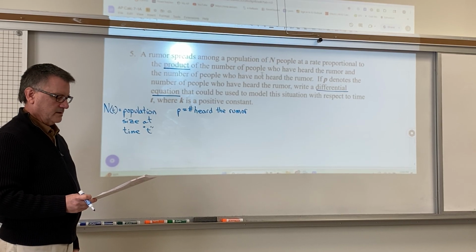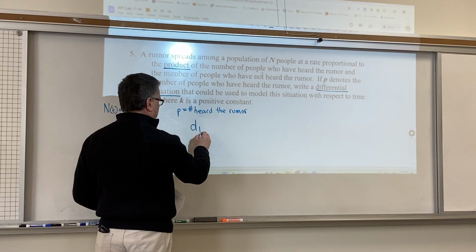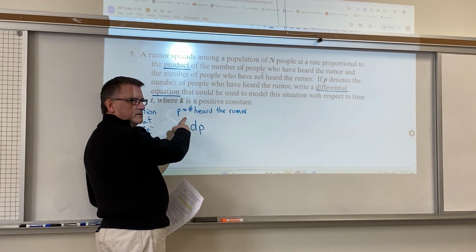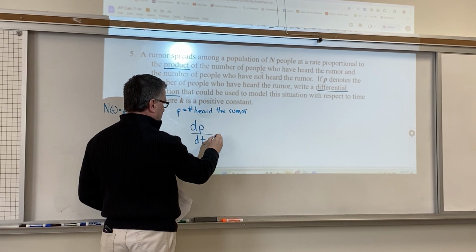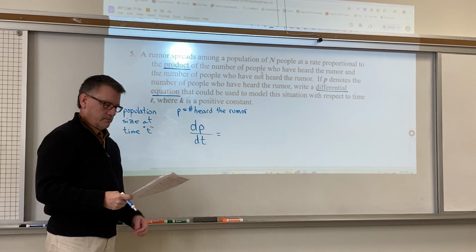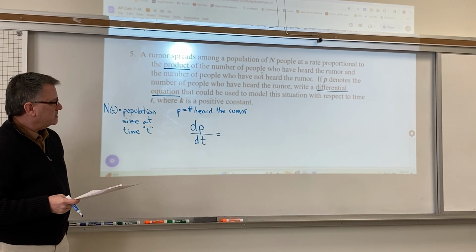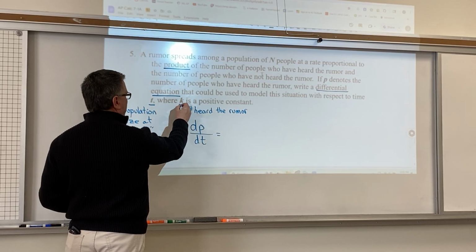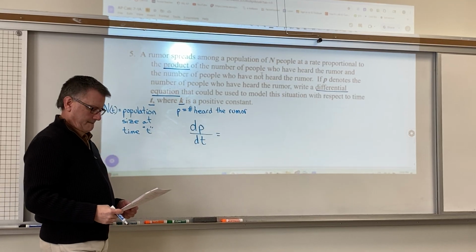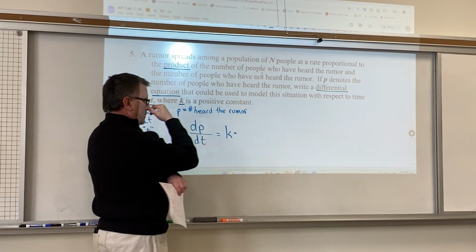That's what I'm interested in. I would imagine that would be dP/dt, that's what's changing, right? The number of people, really, who've heard the rumor over time. T is time. Yeah, so we got T is time, we want to use K, not R. That's dependent on K times something.